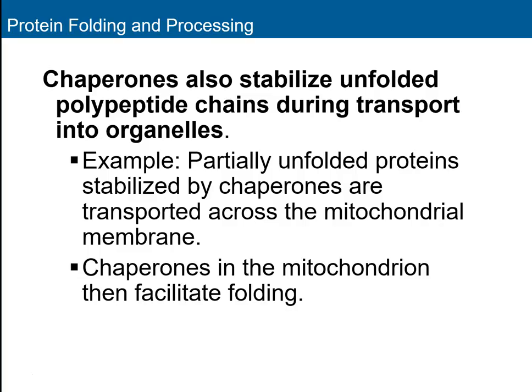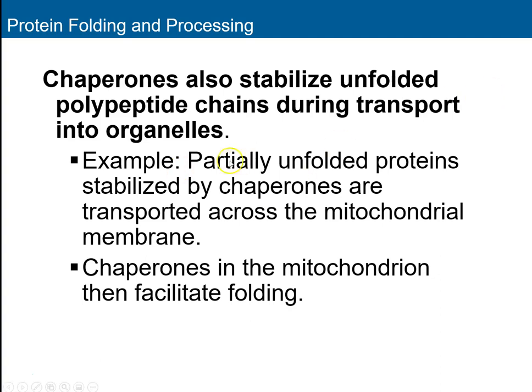Again, they have other jobs as well. They also stabilize unfolded polypeptide chains during transport into organelles. We've been talking about proteins being made on the ribosome, but then they have to be transported into the appropriate part of the cell where they're going to be used.